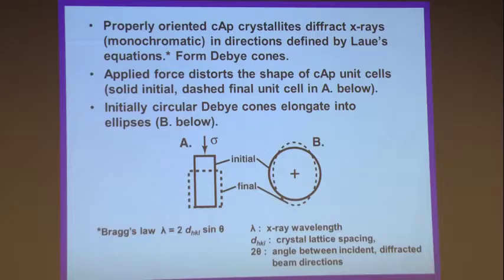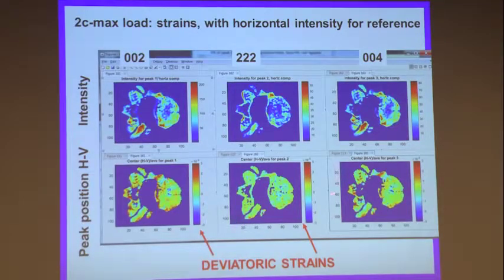We then make use of the fact that the radii changes along the vertical and horizontal direction because the load is deforming the unit cells. So we do Bragg's law, and we can work out what then the deviatoric strain is. These are just different reflections, and here are the deviatoric strains for one load state, the maximum load we took this to.